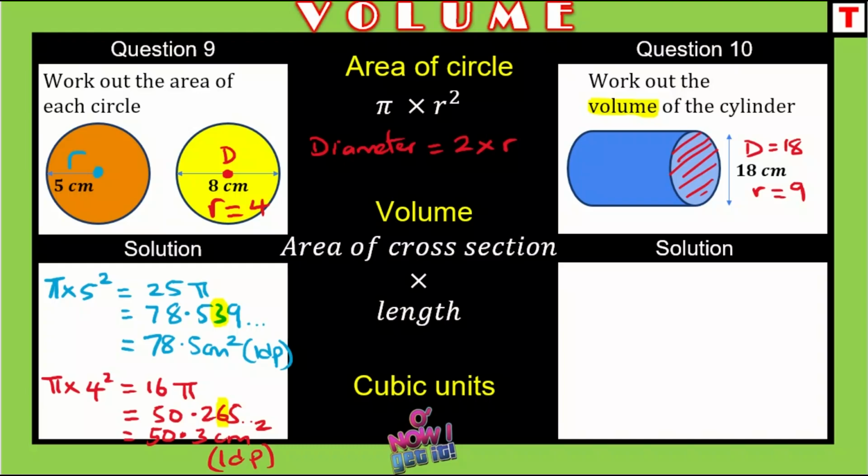So in this case, we're now going to be working with finding the volume of the cylinder. So again, we start with pi multiplied by r, which is 9, and we square that. So now we have 9 multiplied by 9, which is going to give us 81, and 81 pi.